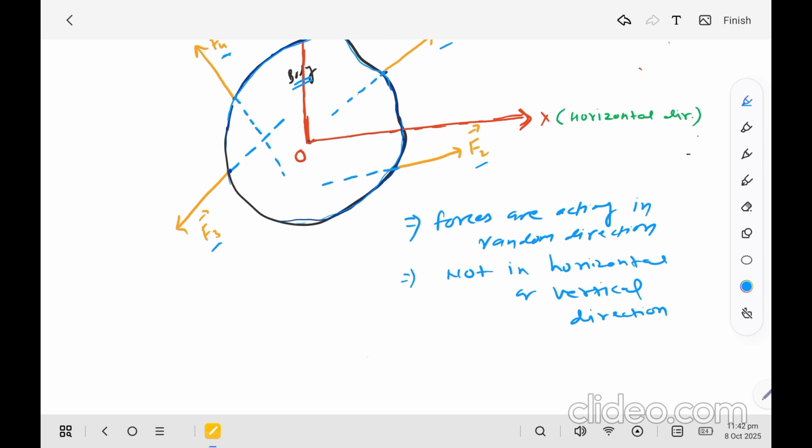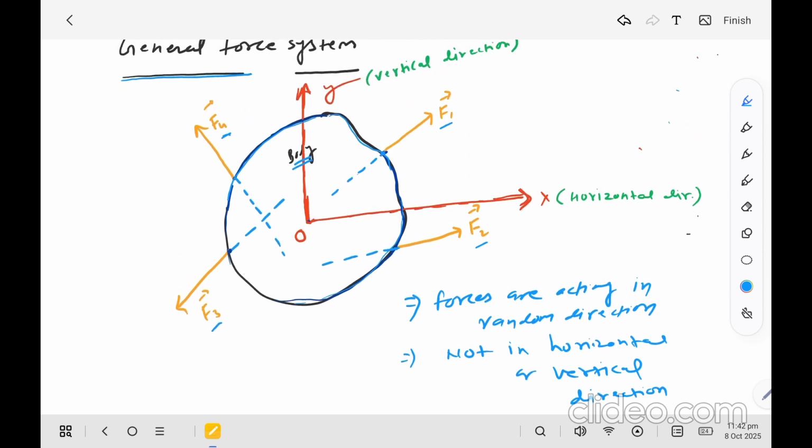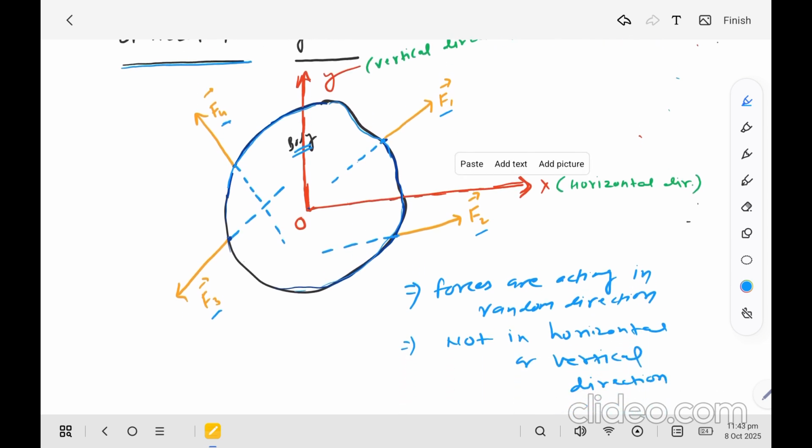Okay, if this is the case, then we call it a general force system.